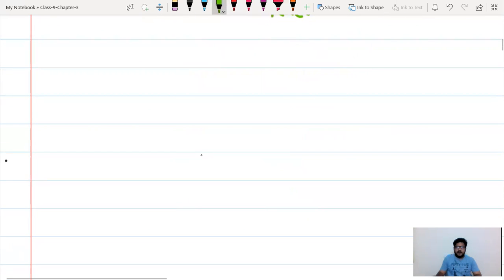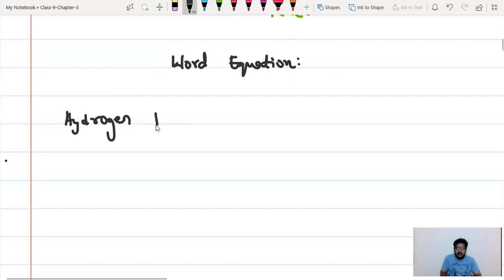Now, first form of chemical equation is word equation. What is meant by word equation? Word equation is nothing but if you represent an equation with the help of words. For example, hydrogen combines with oxygen to form water.